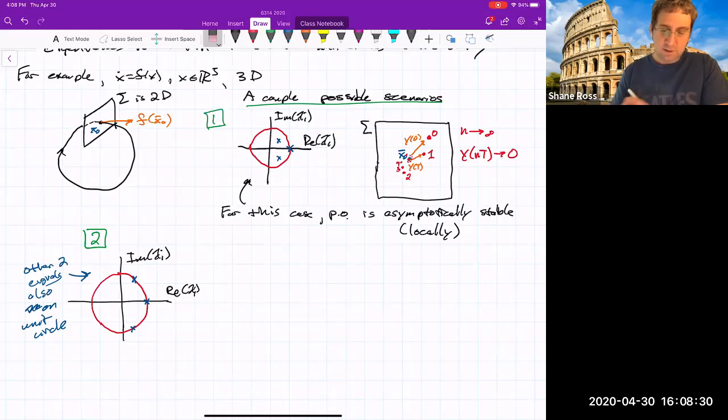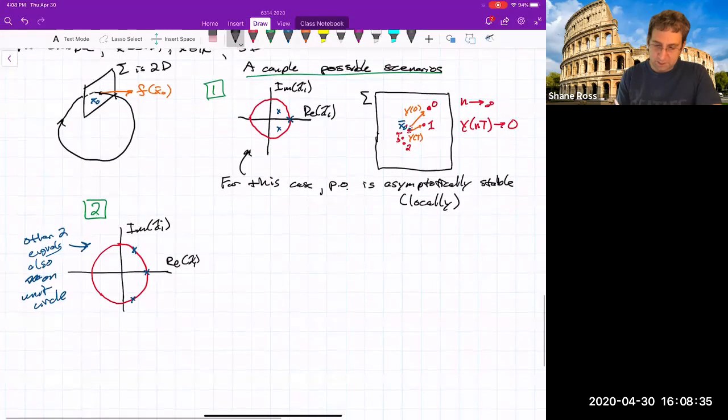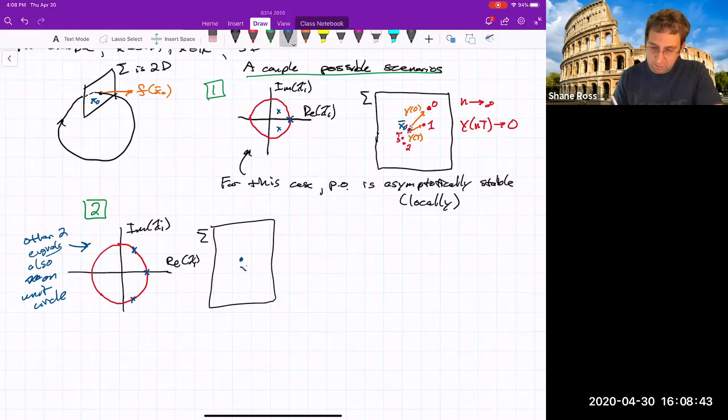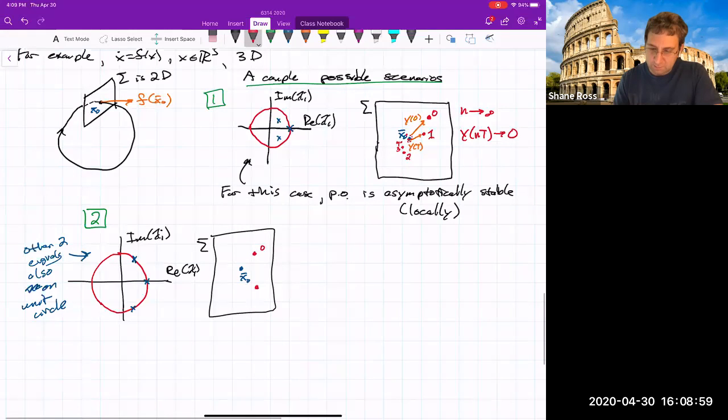So what does this mean? This would mean, in terms of a Poincaré section, here is that point, and the other two eigenvalues being on the unit circle would mean that if I have a perturbation away, here's the 0th, here's maybe the first piercing after that, here's the second, here's the third, fourth, fifth, and so on.